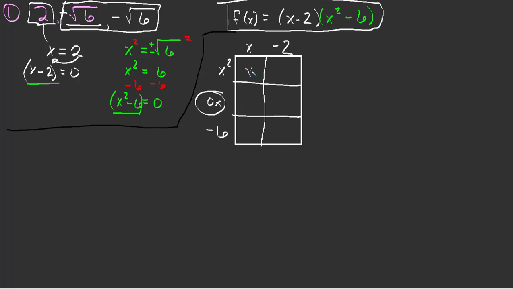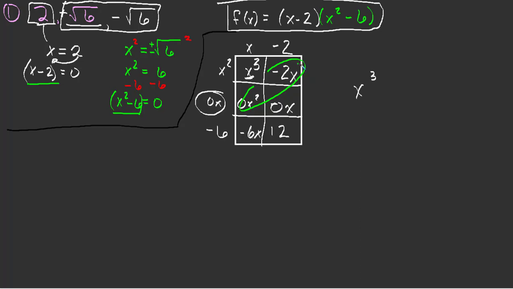So x squared times x gives me x cubed. x squared times negative 2 gives me negative 2x squared. And this is going to be my 0 row, so 0x squared and 0x. Negative 6x and positive 12. And so now we're looking at combining like terms. So we have x cubed, and then I'm going to grab my squared terms.